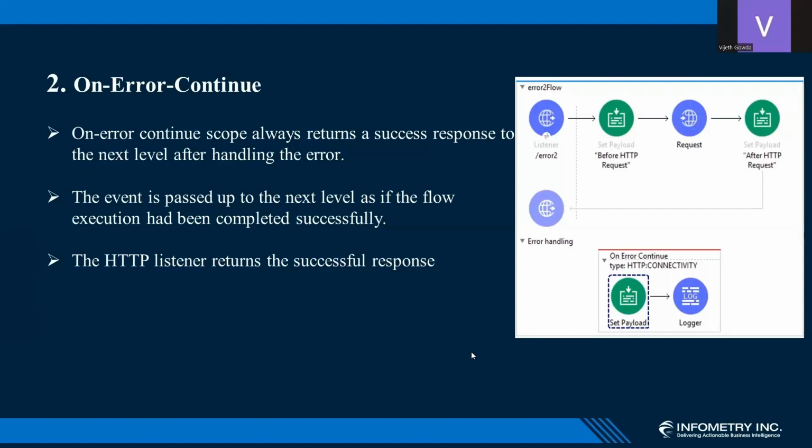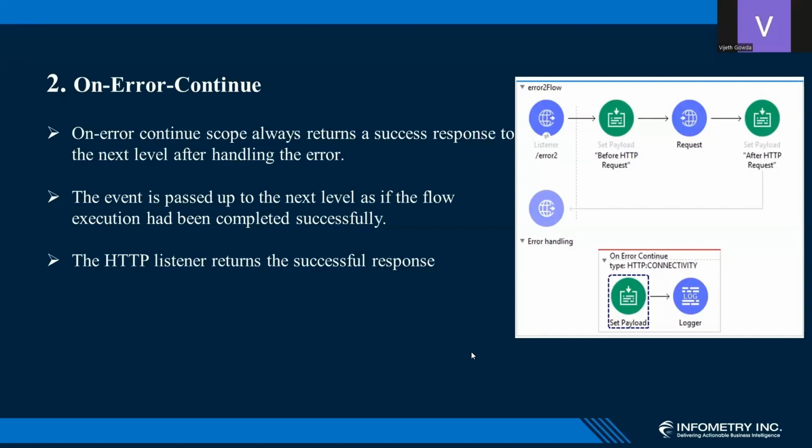For example, if you are using a parent-child hierarchy with the on error continue scope, say the parent flow calls the child flow. In the child flow we are connecting to some third-party application and it is failing, and we have used on error continue to handle that error. Whatever components are defined within on error continue will get executed, and then it will not execute the remaining components in the child flow.